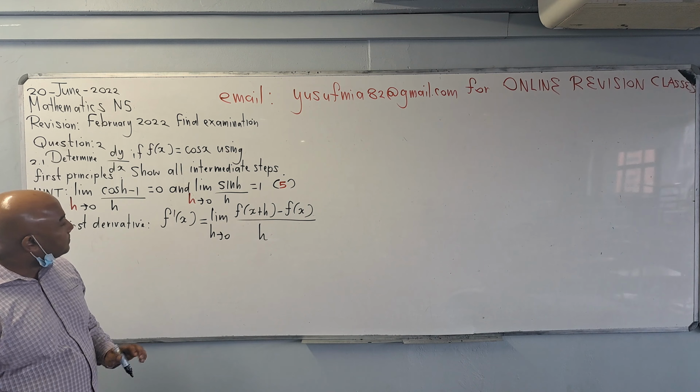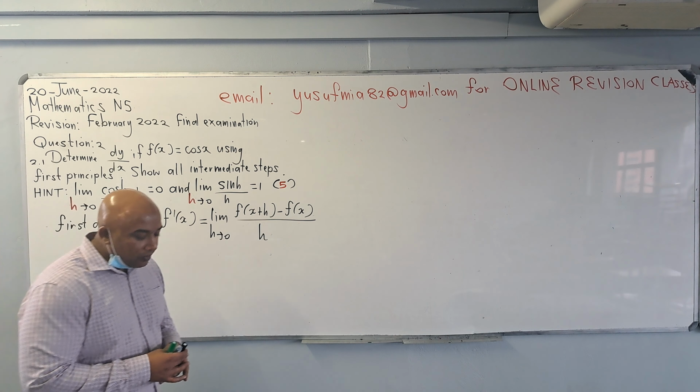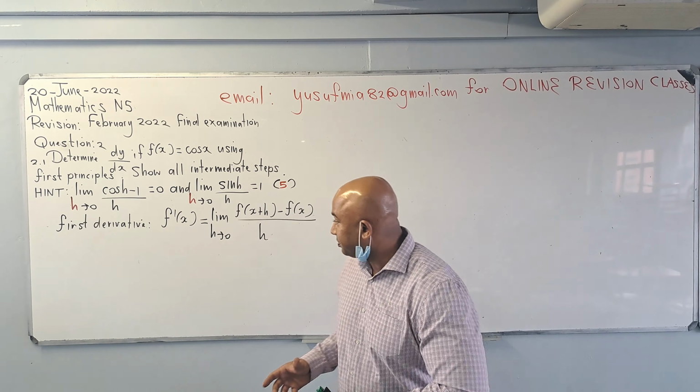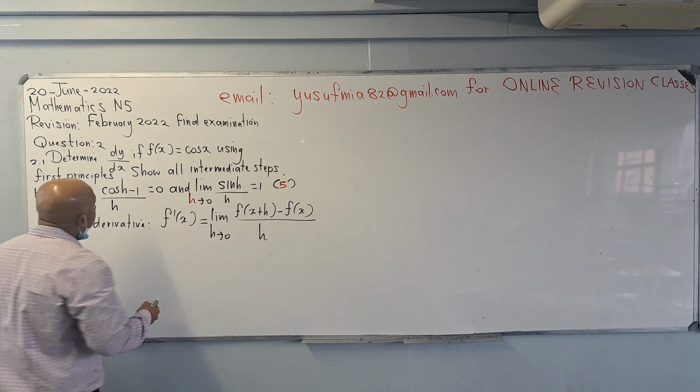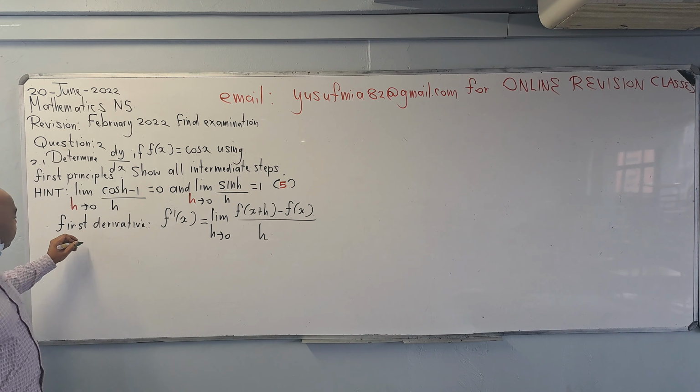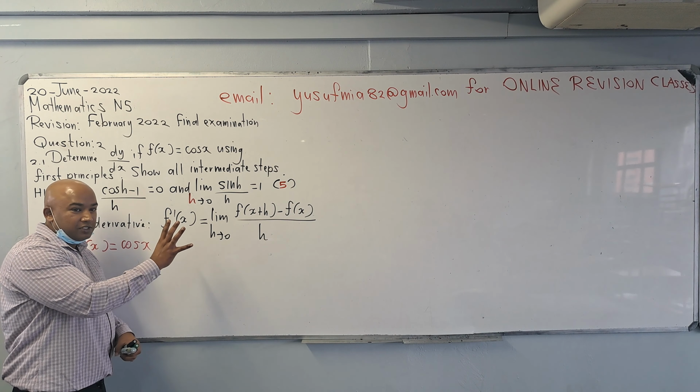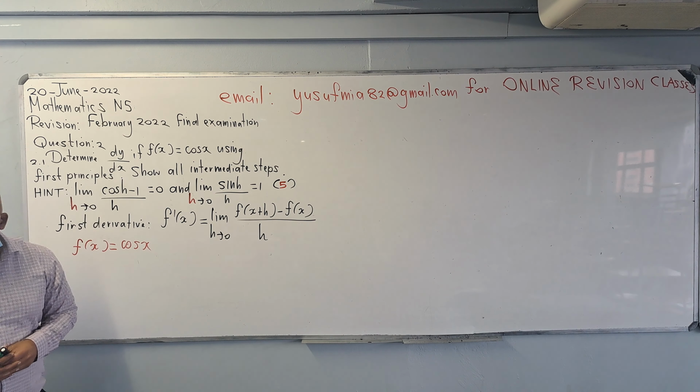Right, so now, how are we going to answer this question? How do we use first principles for cos? So let's do it step by step. The given information here, first of all, we got f of x is equal to cos x. This is the formula that we need to substitute into.